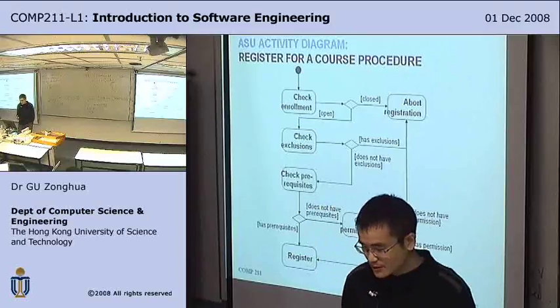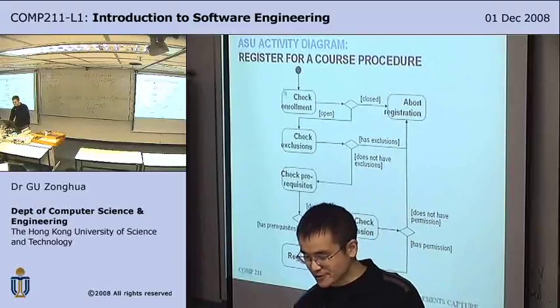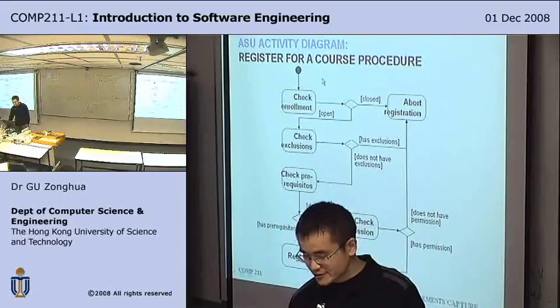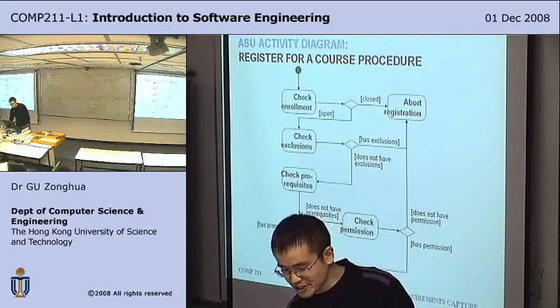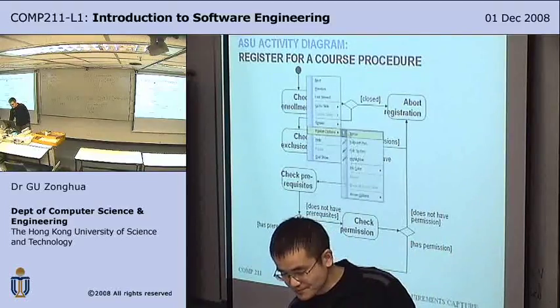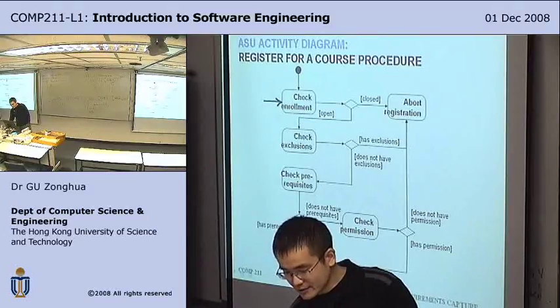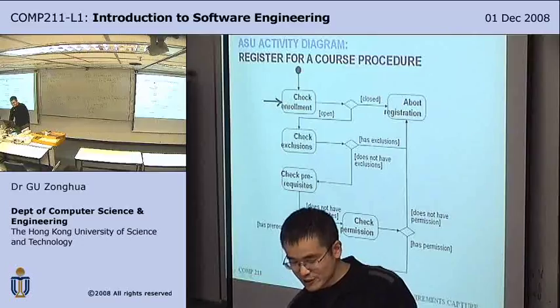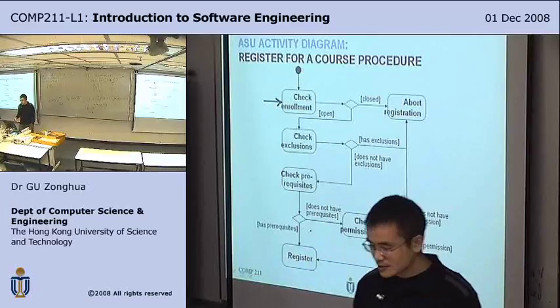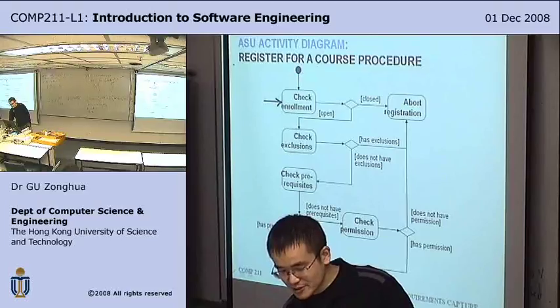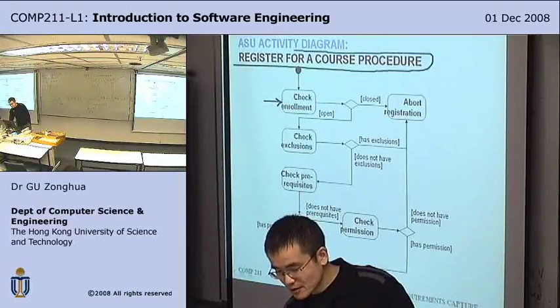Notice that you can also use an activity diagram for another purpose, to describe the inside of a procedure. This is a register for a course procedure. You check enrollment, check exclusions, check permission, and finally register or abort registration. This is the internal behavior of the register for a course operation.